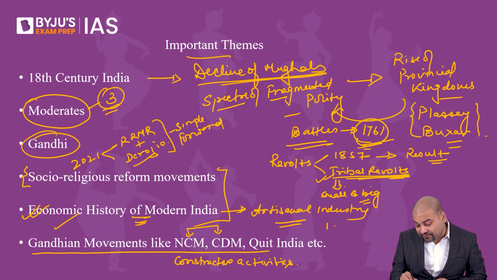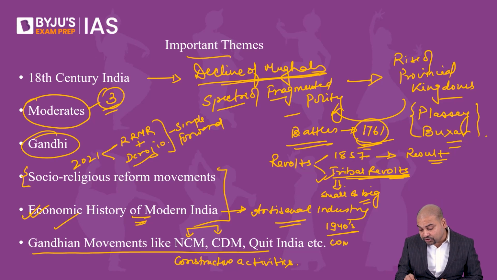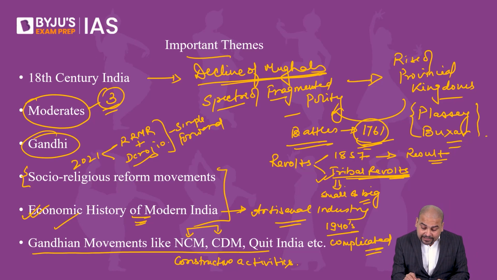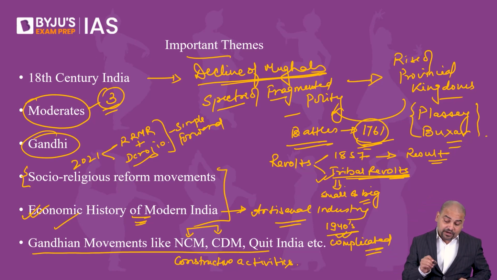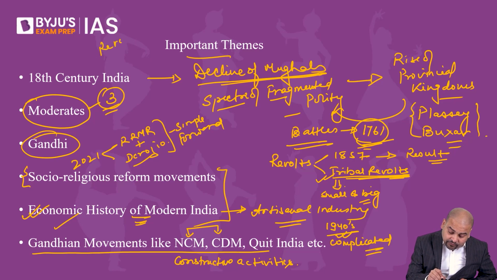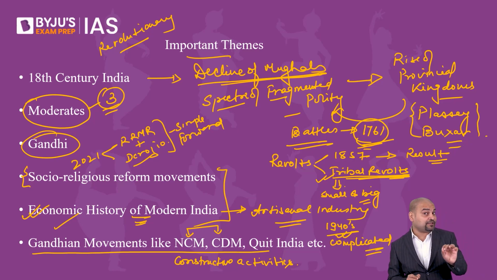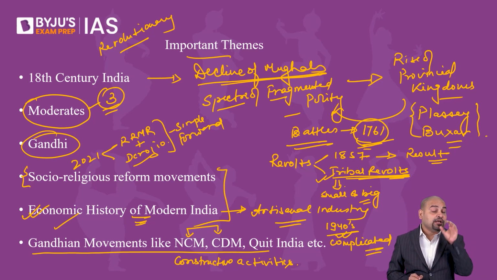Similarly, questions have come from the section of the 1940s, that how the Britishers complicated the transfer of power in the 1940s as far as India was concerned. See, one area from where questions have not come for the last many years is the chapter on revolutionaries. And that's why I continuously keep on saying that there is a high probability that questions on revolutionaries can come any day.